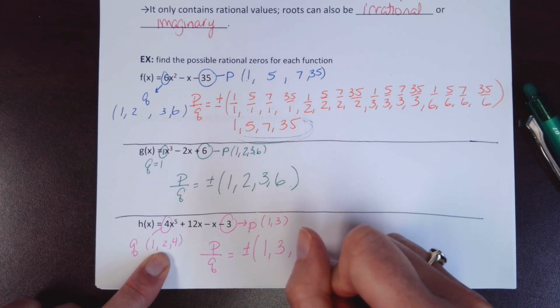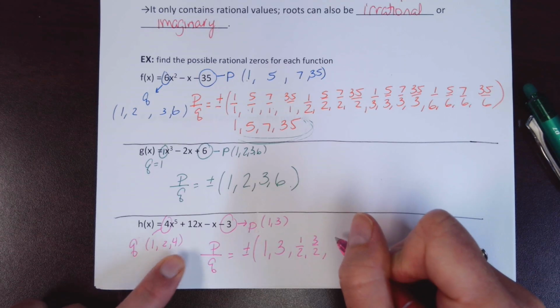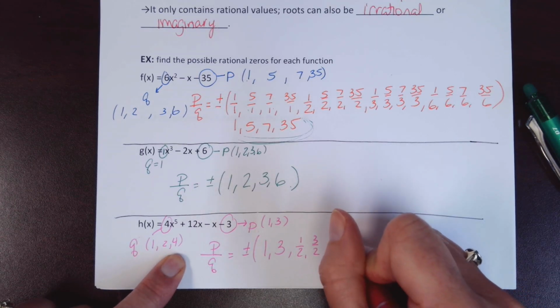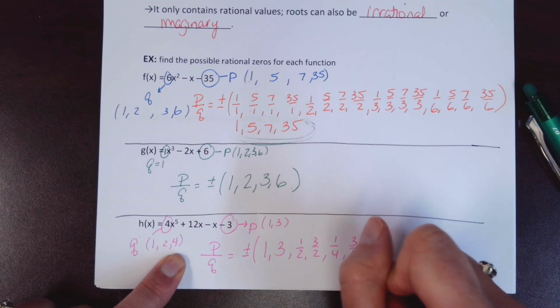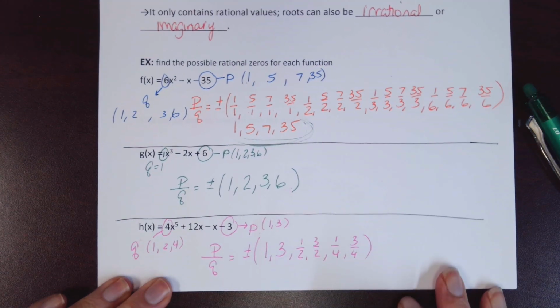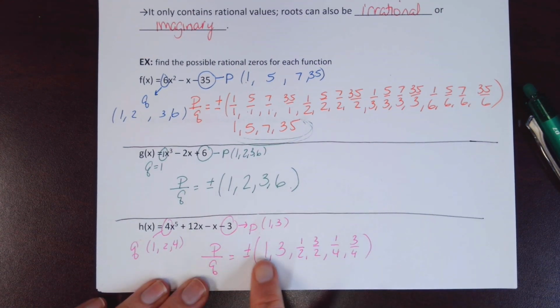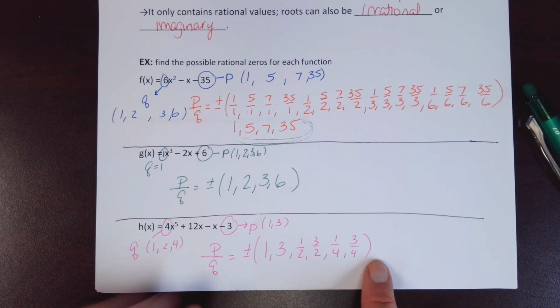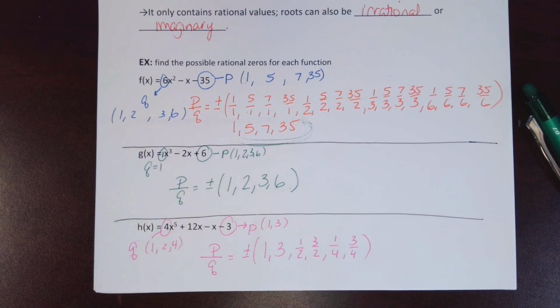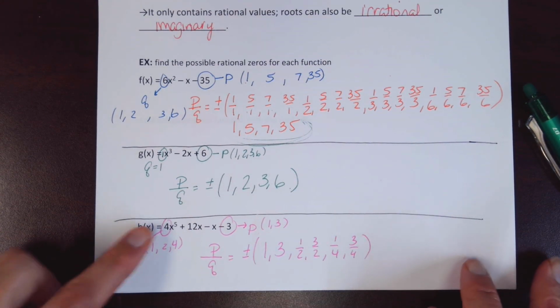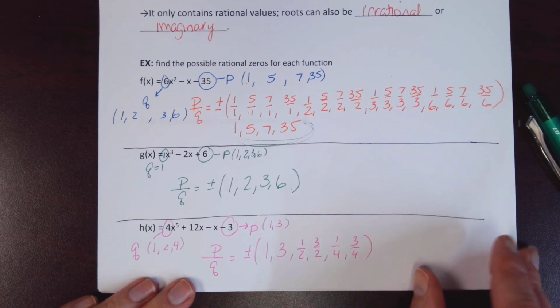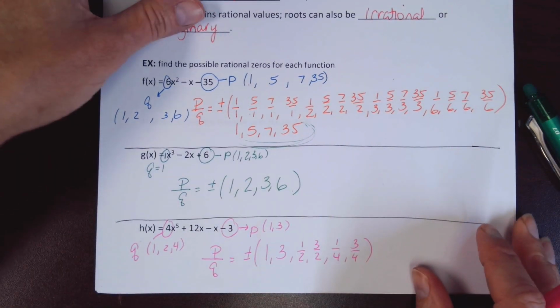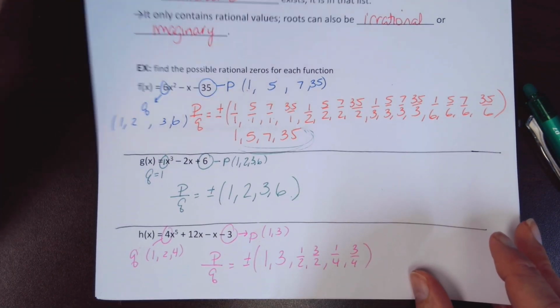When I put them over 2, and then when I put them over 4, so 1/4 and 3/4. So there's my list of possible rational zeros. I have 6 positive options and 6 negative options that I can try if I want to factor that 5th degree polynomial function. Okay, moving right along.